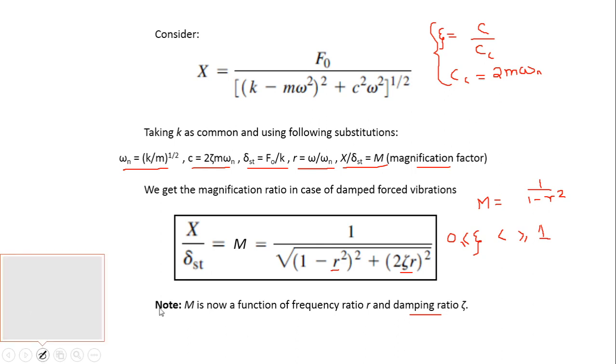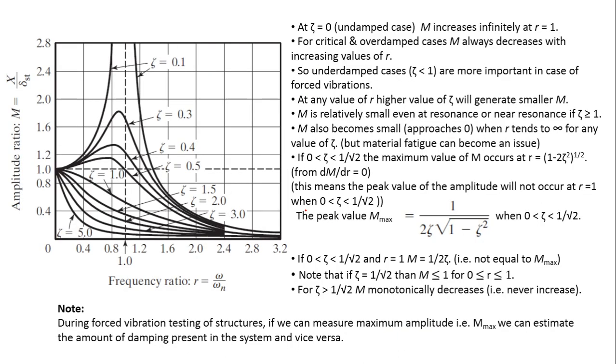So it can be critically damped, it can be over damped, it can be under damped, whatever. So this means that we can plot the values of m by assuming values of r and zeta. Okay, so for different values of r and different values of zeta, we can plot this function and we can see its variation.